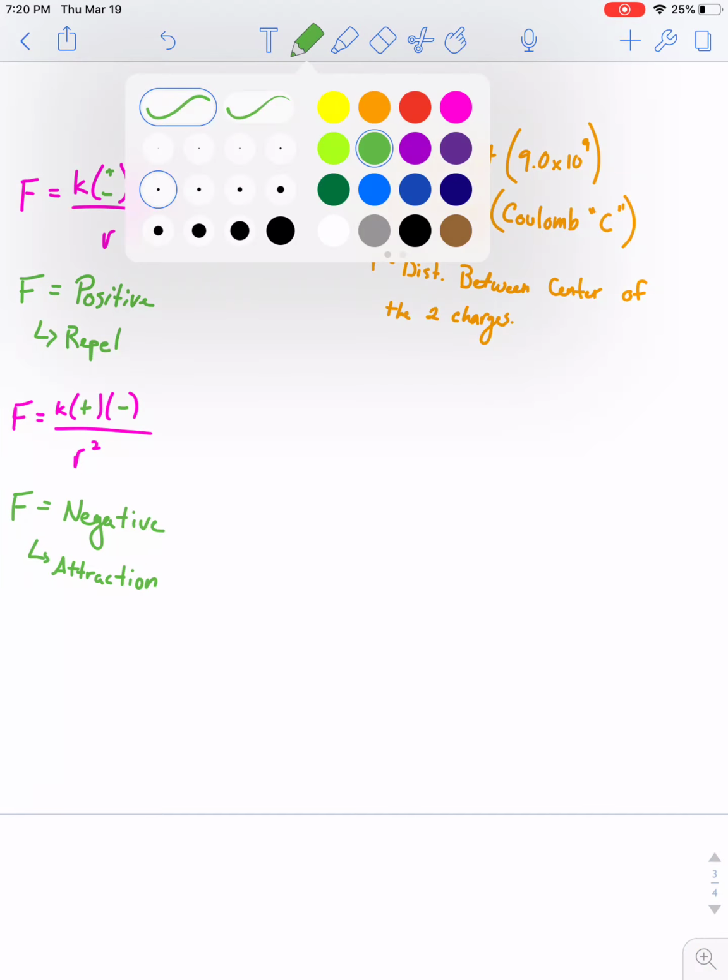Next, let's, like this purple, I like that color. Talk about this elementary charge.